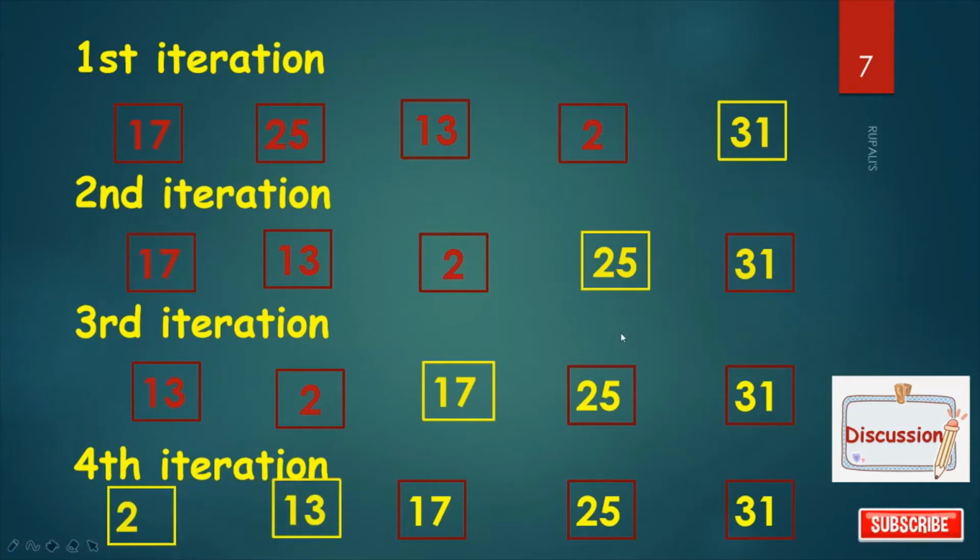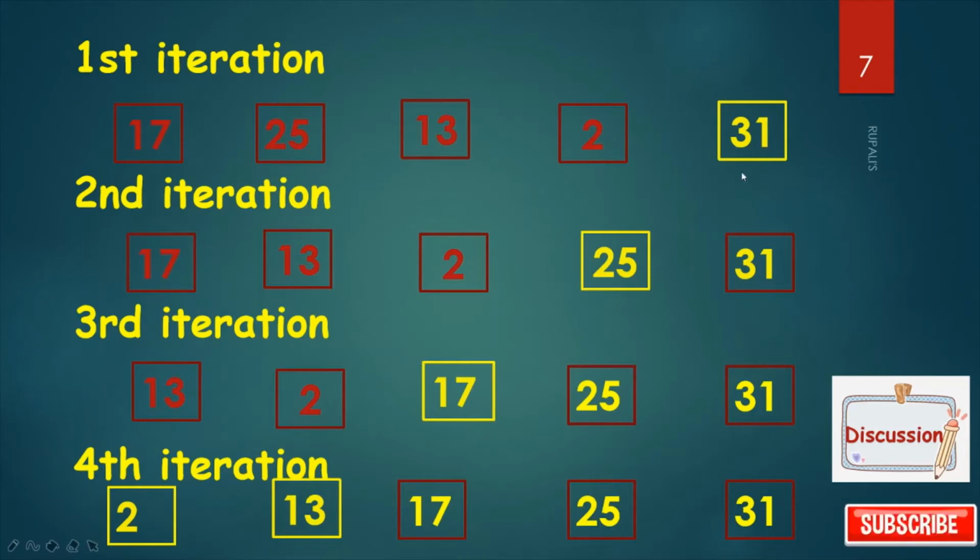Now see, how many nodes are there? There are 5 nodes. And how many iterations are required? 4 iterations are required to sort. So if there are 5 nodes, then 4 iterations are required. In the first iteration, how many comparisons are needed? First with second, second with third, third with fourth, and fourth with fifth.